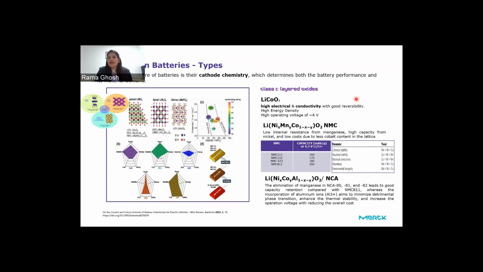As per that, there are three classes of oxides, and if you go back a little bit, in the year 1970, Professor Whittingham introduced metal dichalcogenide as an intercalation compound, and later in the 1980s, as you all know, Professor Goodenough and his team introduced lithium cobalt oxide as the first cathode material, which is predominantly studied and used as a cathode for consumer electronics.